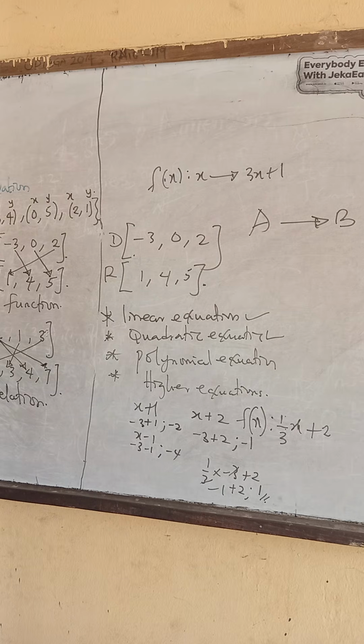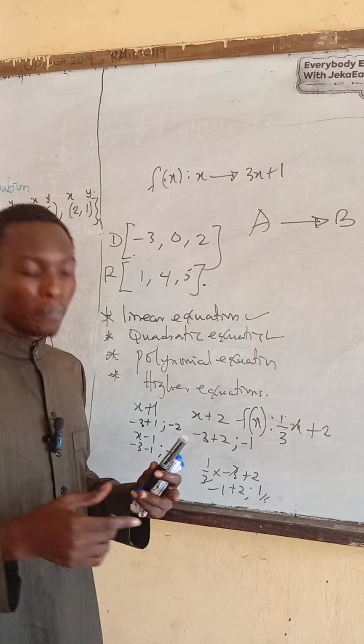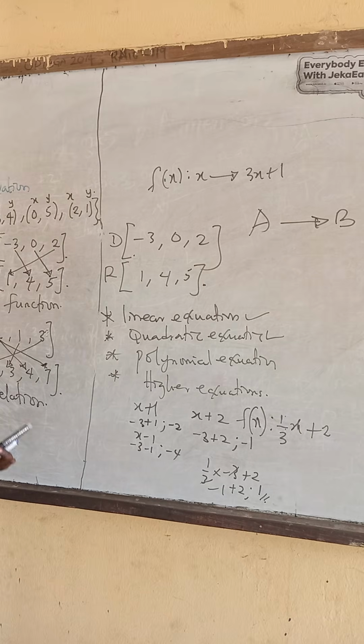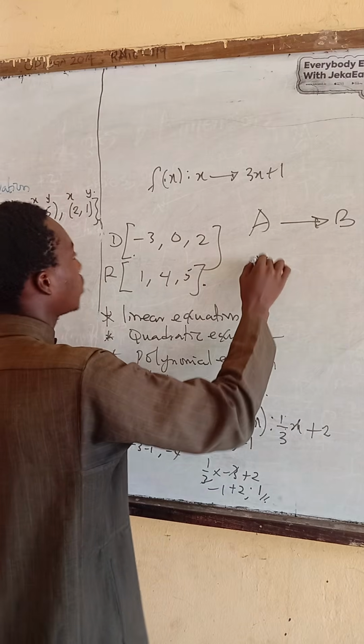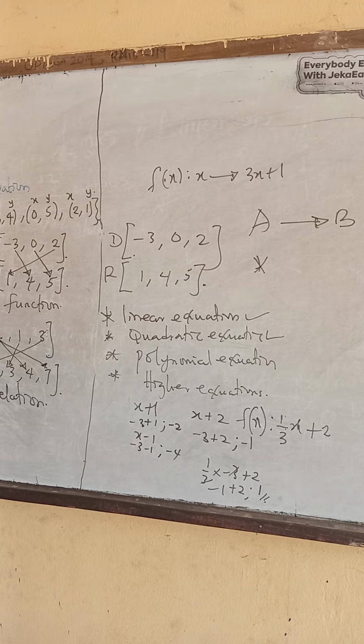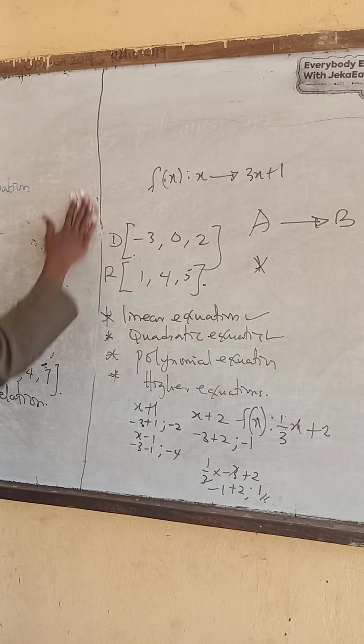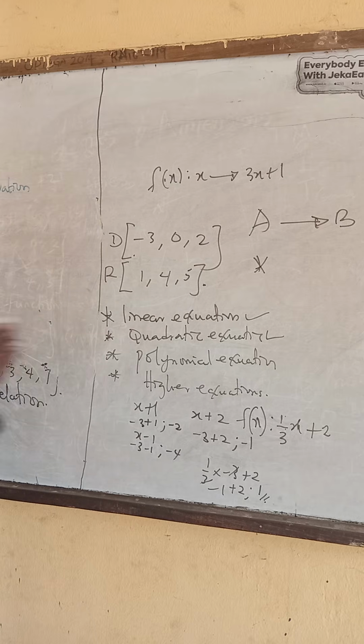Now, before we move to types of mapping, let's define all these things. The first thing you want to define is domain. You need to know the definition of what we mean by domain, and you need to know what we mean by codomain and range.